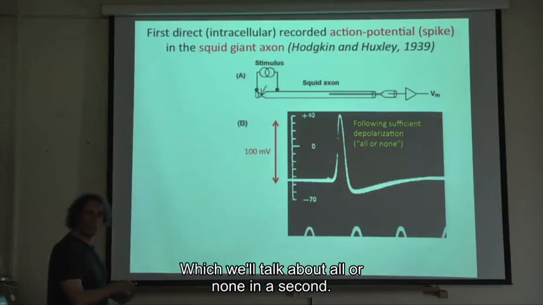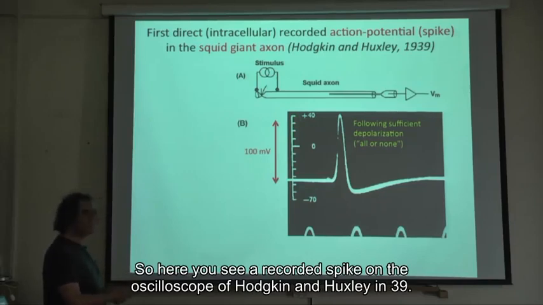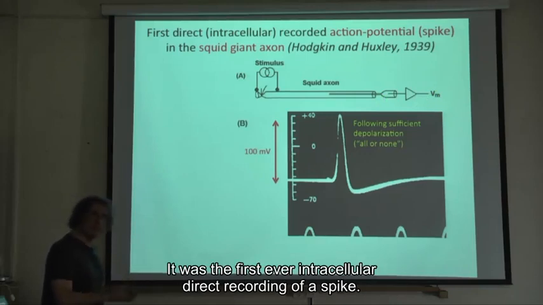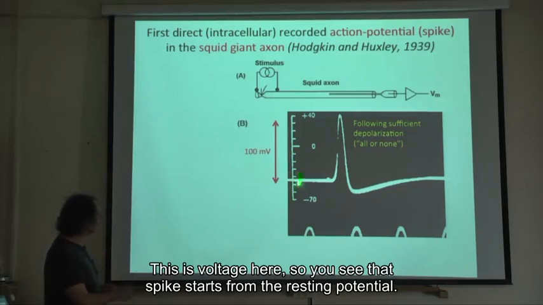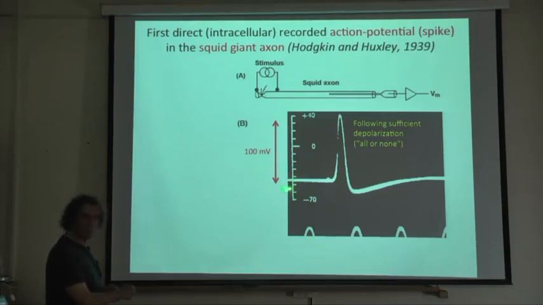We shall talk about all or none in a second. So here you see a recorded spike on the oscilloscope of Hodgkin-Huxley in 39. It was the first ever intracellular direct recording of a spike. So let's speak about this spike for a second. This is voltage here. So you see the spike starts from the resting potential.